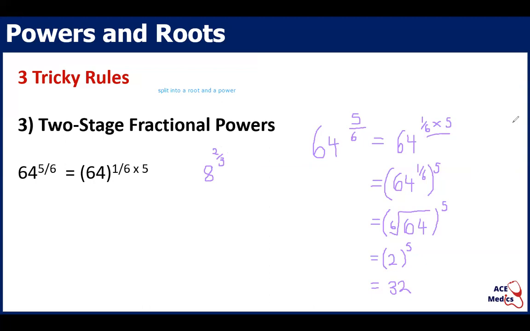Well done, Sam. Super quick. So follow the same steps that we just did for 64 to the power of 5/6. And can you have a go for this one? Once you've got your answer, pop it in the chat. Well done, Simab.